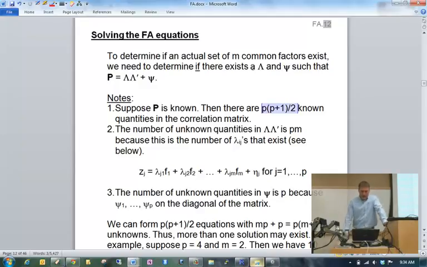Now, unfortunately, this is not as easy as we would like. Here's why. Let's work with the correlation matrix here. Suppose the correlation matrix is known. That means that there are p times p plus 1 divided by 2 different known quantities.